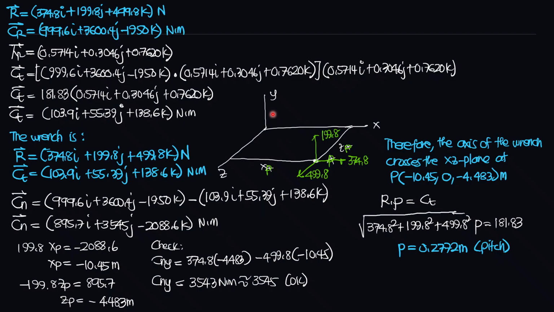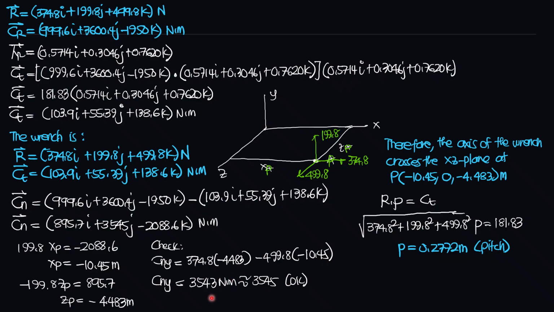Then we check the value of c sub ny, or moment about the y-axis, and the positive sense is in this direction here. So it's the moment of 374.8, which is positive. So 374.8 times zp, then minus 499.8 in the opposite sense times xp. So c sub ny is 374.8 times zp, and zp is negative 4.483, then minus 499.8 times xp, which is negative 10.45.